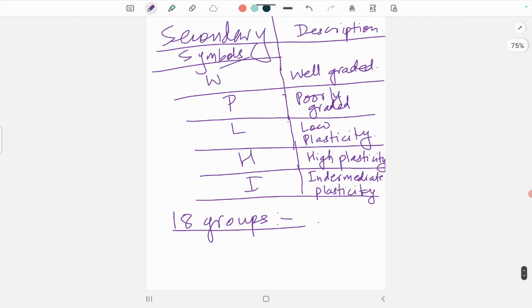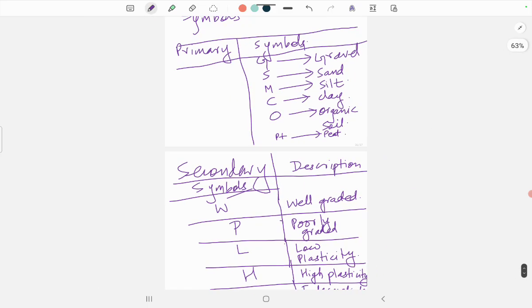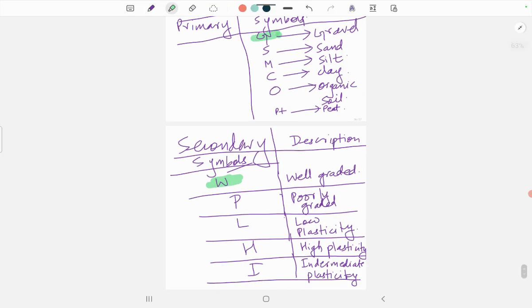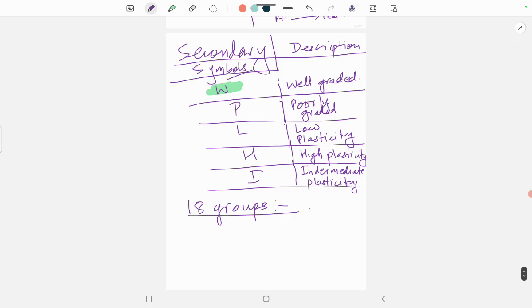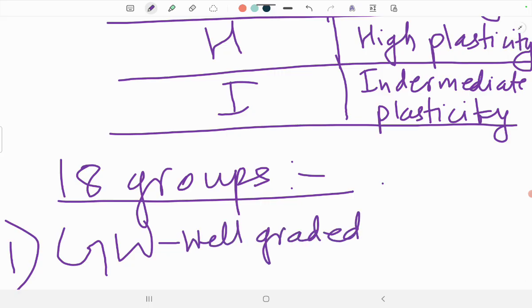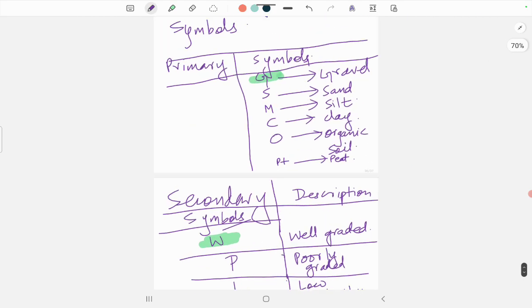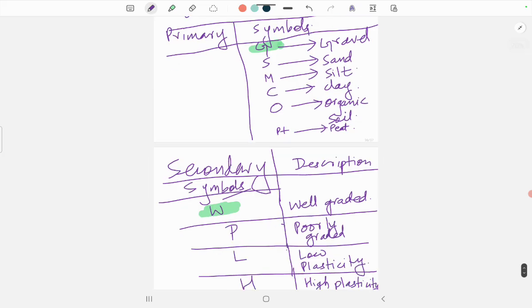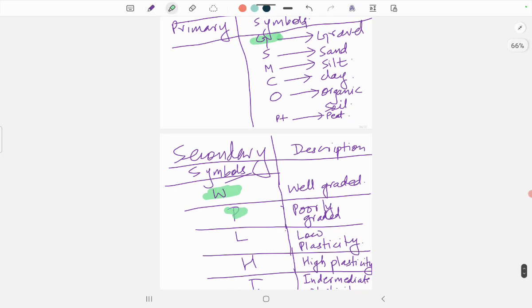Here G is for gravel and W is well graded, so we write it GW. The first one, GW, is known as well graded gravel. Now we write again related to gravel, but poorly graded gravel, so it goes serially.